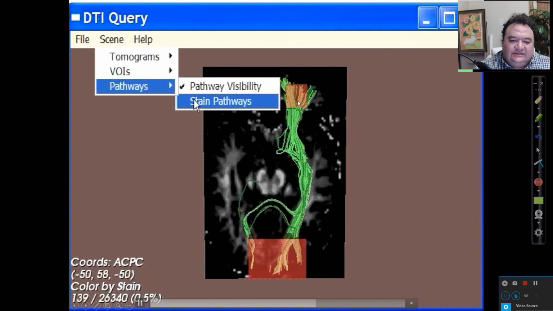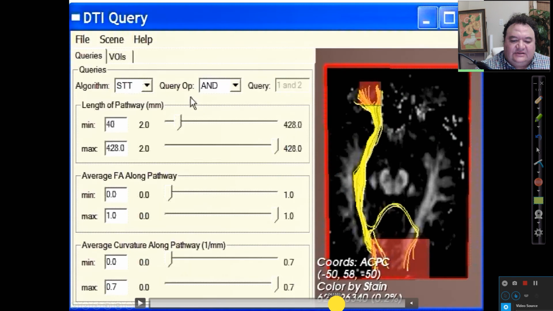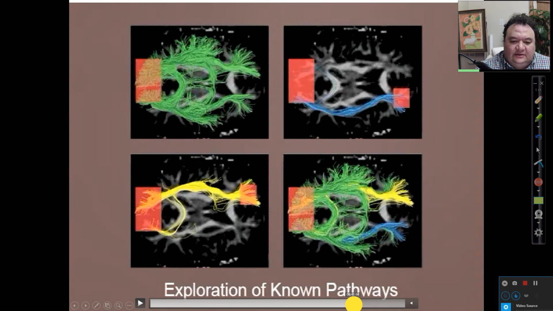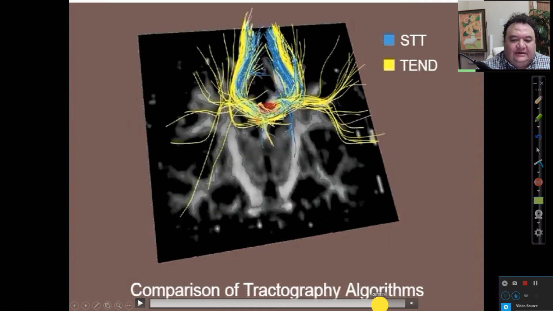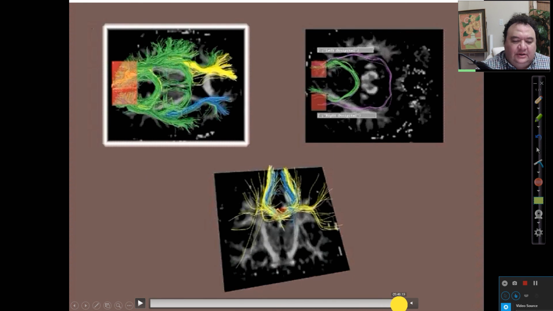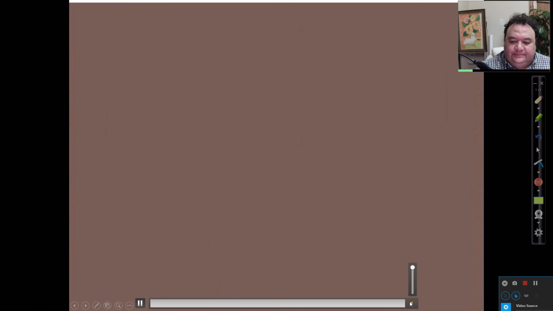For example, is this region connected only to the bottom one or to different locations there? The discovery of all those connections can help the user, in this case a doctor, build a proper mental picture of how the different parts of the brain are connected with each other, and how they work in a healthy way or in a pathological way.